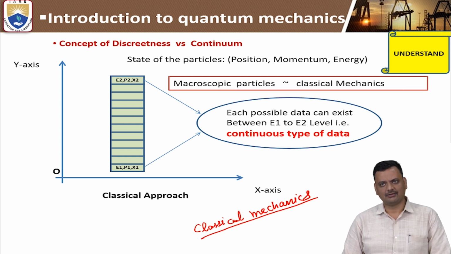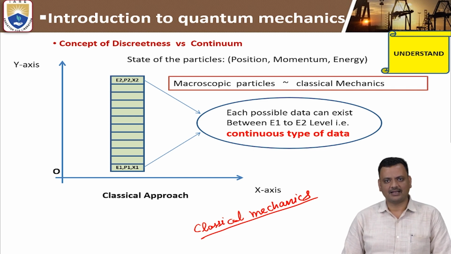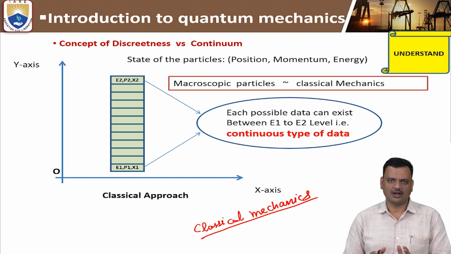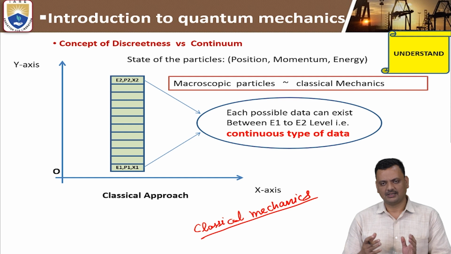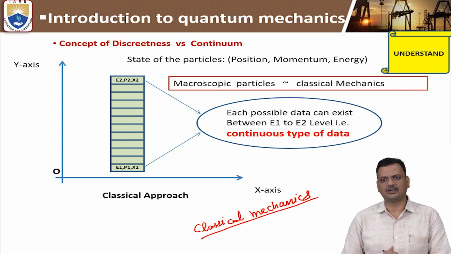All these things I will try to cover in this video lecture. Mechanics generally deals with the motion of any particle, either small or big. All its phenomena, like energy, position and momentum, are dealt with under the term mechanics.